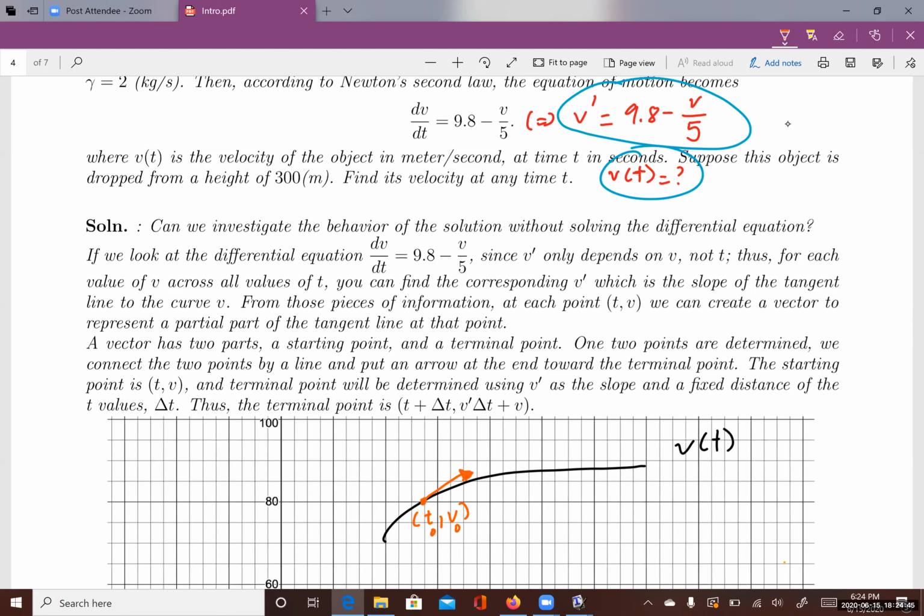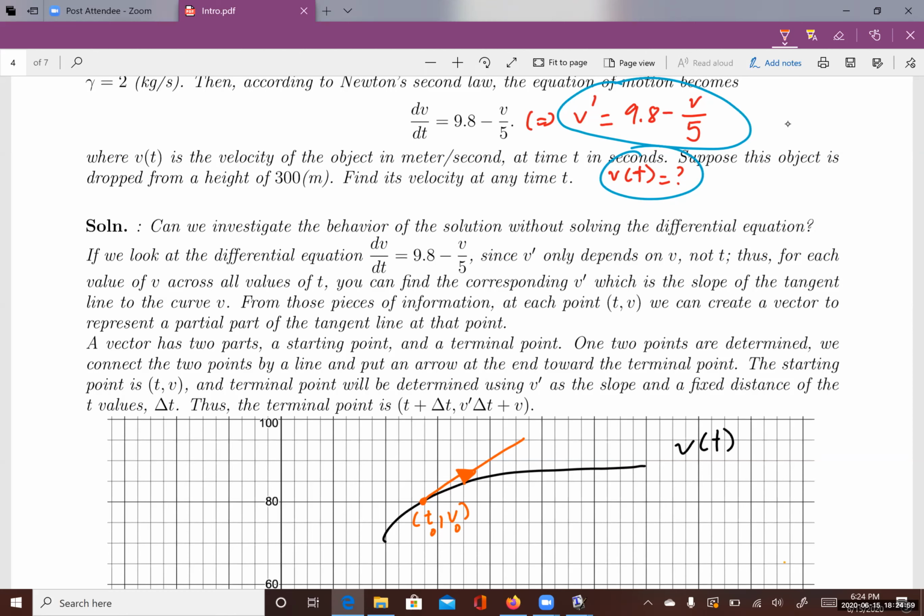Tangent line. And I just take a small segment of my tangent line to create a vector from this starting point to this terminal point. Just imagine that if you can create a lot of slope vectors on this curve, then you can graphically describe the solution curve of the equation.